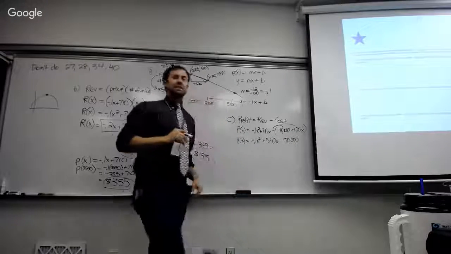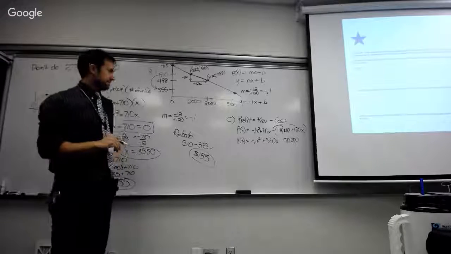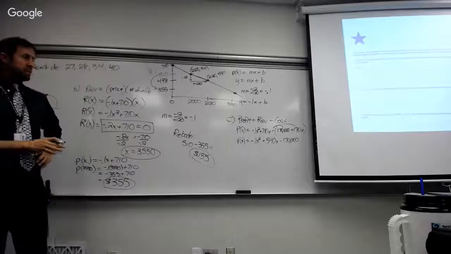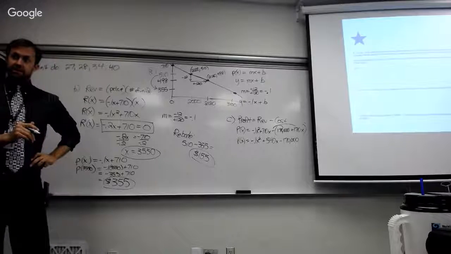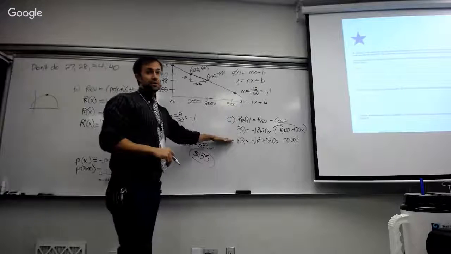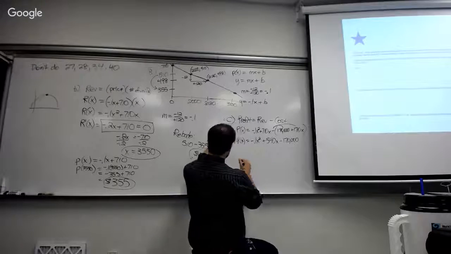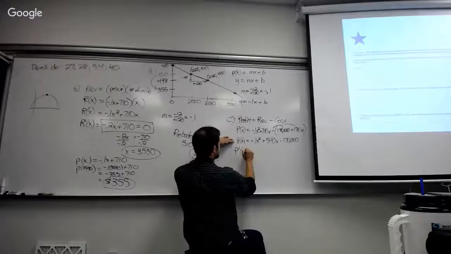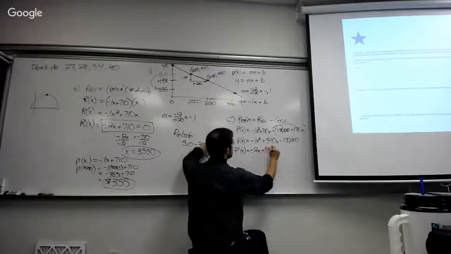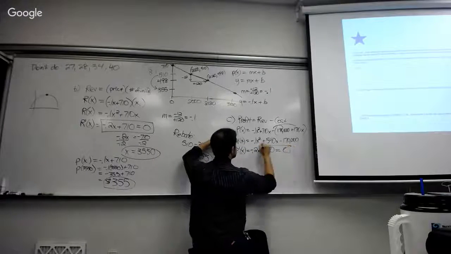Did I do that calculation correctly? Yes. Okay, so that's our profit formula. So how do you maximize profit? You do what? Oh, how do you maximize any function? You take the derivative and set it equal to 0. So now my derivative is negative 0.2x plus 540, and I set that equal to 0.